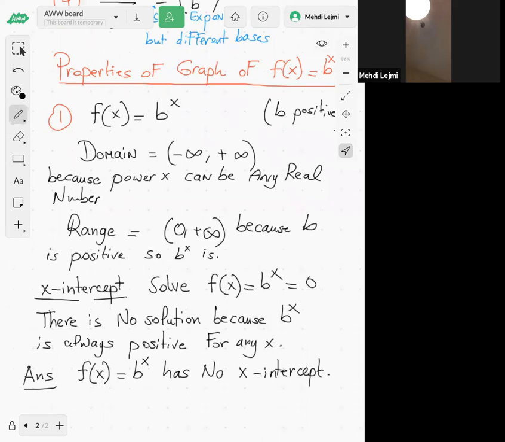Now, what will be the y-intercept for the exponential function? We just evaluate f of 0, and f of 0 is b to the 0, which is equal to 1.